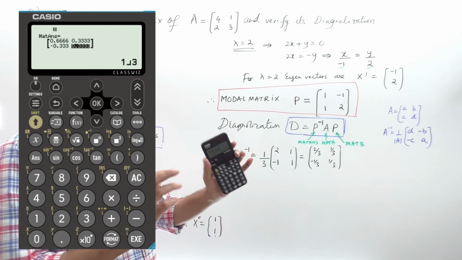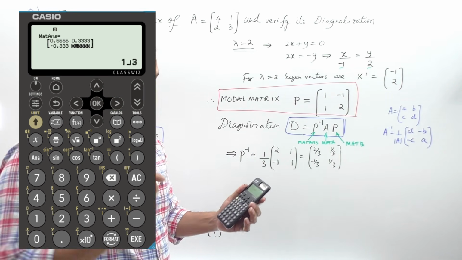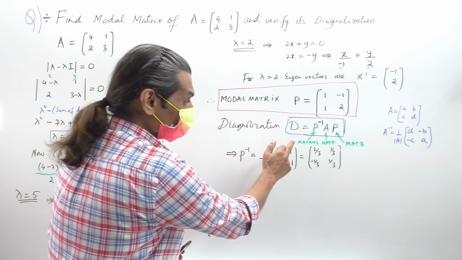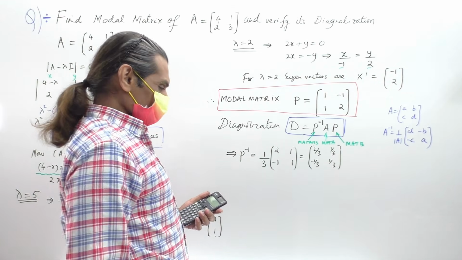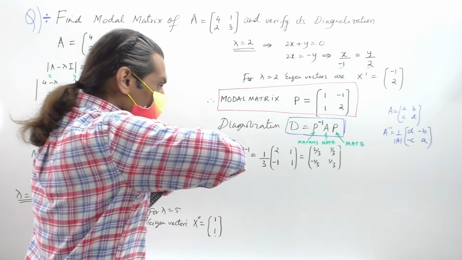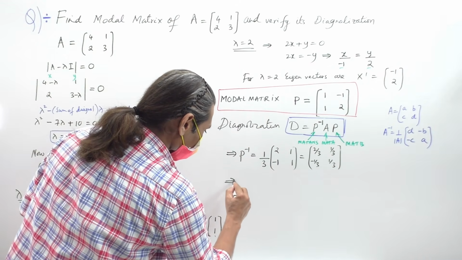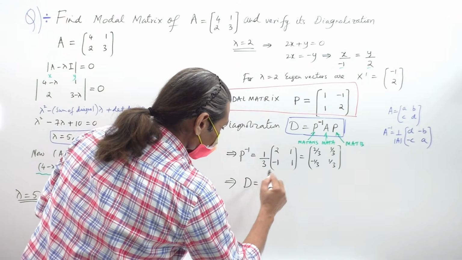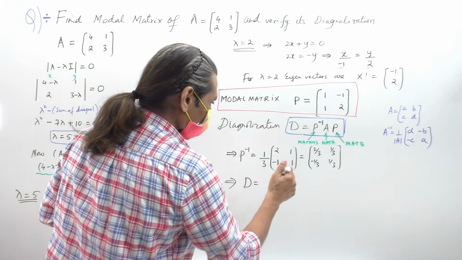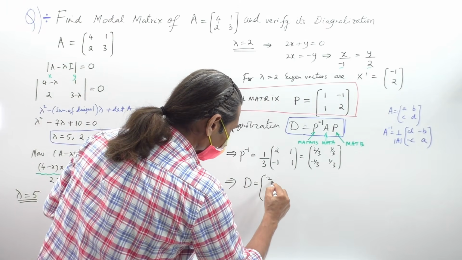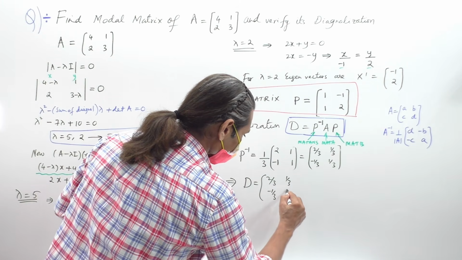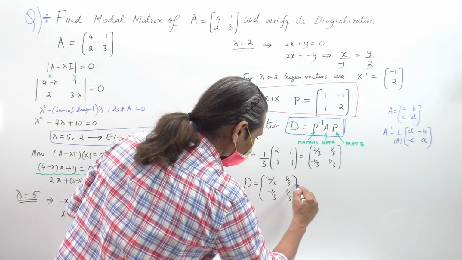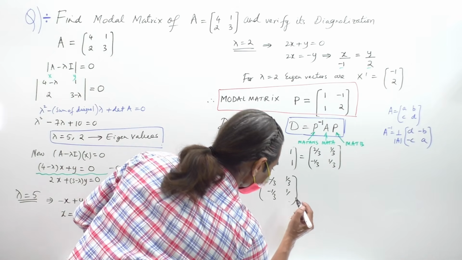Now, what I told you, when I press execute, this answer for inverse is stored in mat answer here. Therefore, the diagonalization is given as D is equal to P inverse AP. What is P inverse? I write here 2 by 3, 1 by 3, minus 1 by 3, 1 by 3, into A. What's the A here?